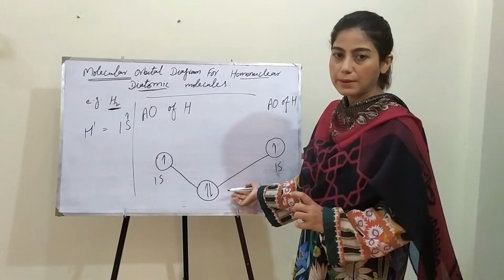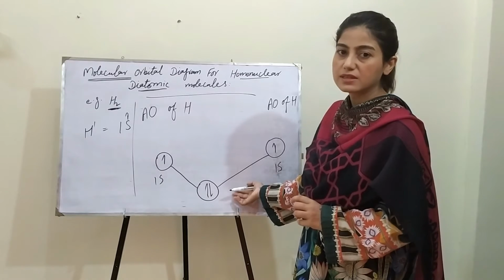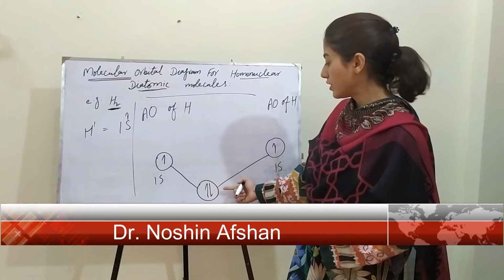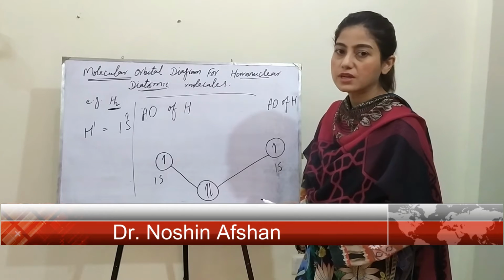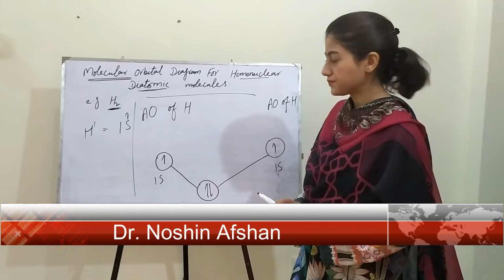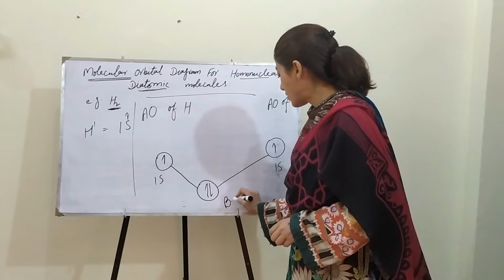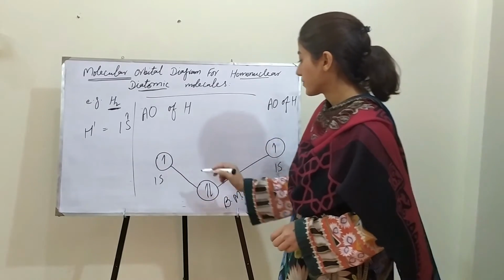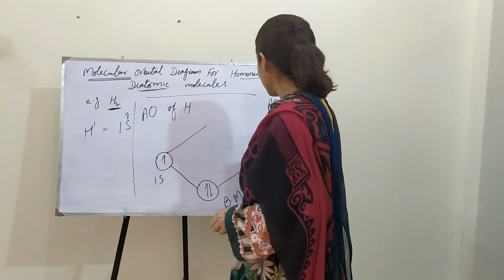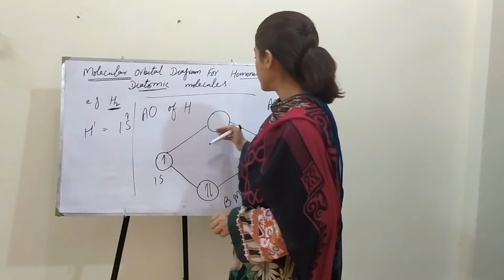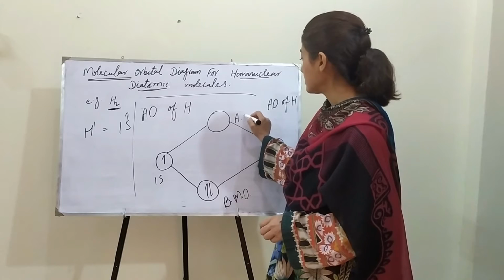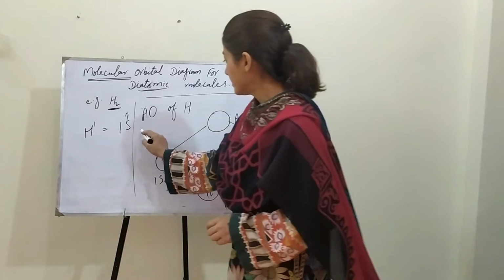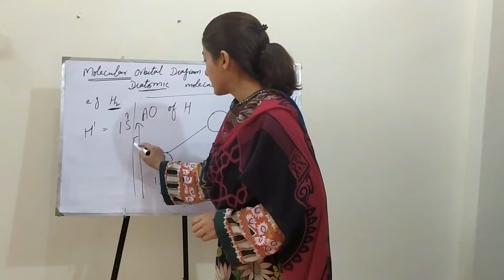They may be either empty with 0 electrons, or partially filled with 1 electron only, or completely filled with 2 electrons. They cannot go beyond this 2 electron limit. So this bonding molecular orbital would be occupied by these 2 electrons, and the antibonding molecular orbital would be empty. This is the antibonding molecular orbital, and here this shows their energy level.